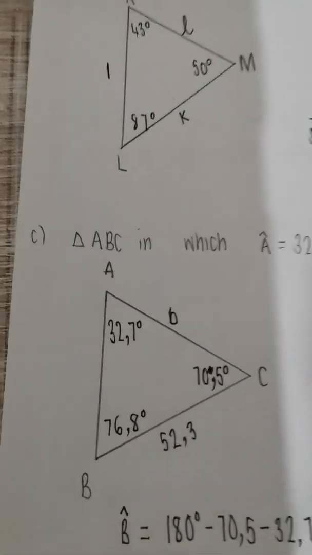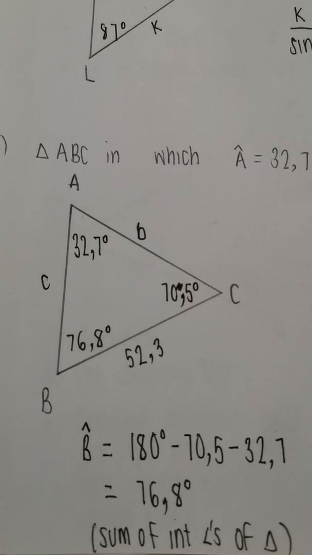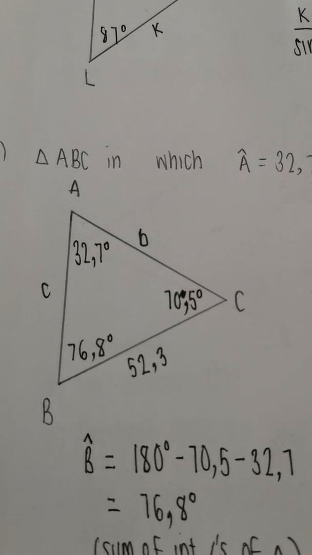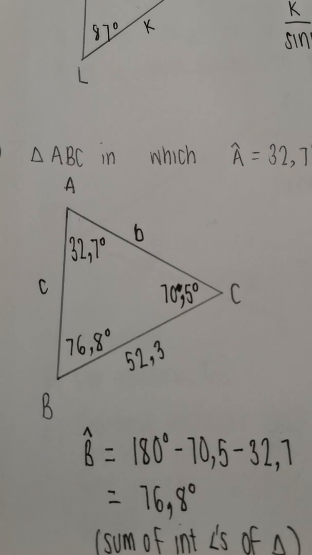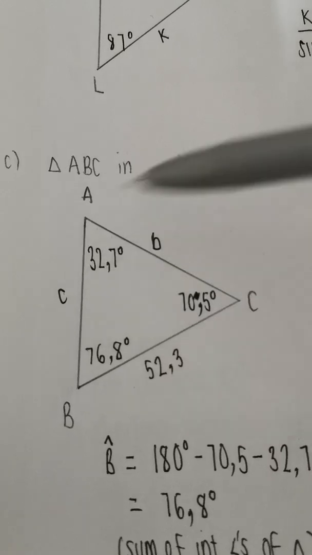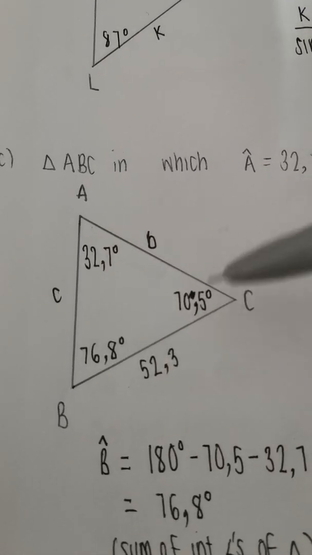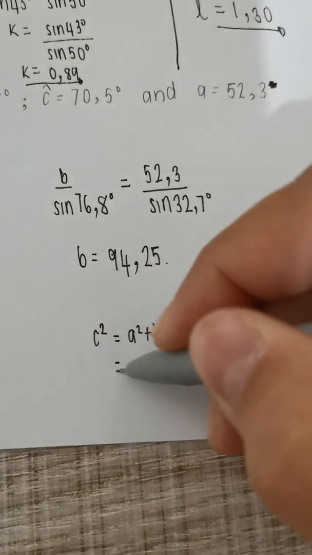Right? I'm going to figure out C using the cos rule. So C squared equals A squared plus B squared minus 2AB cos of the angle opposite to the one that we're working with, and it's the included one, okay? So angle C. Let's fill in.